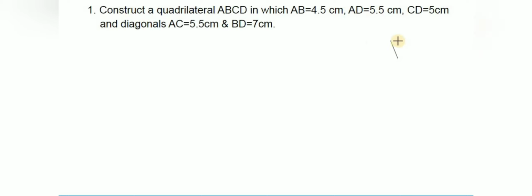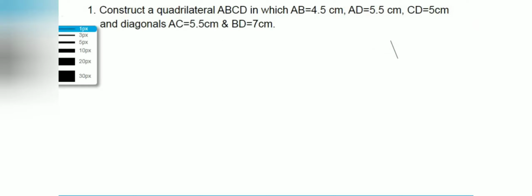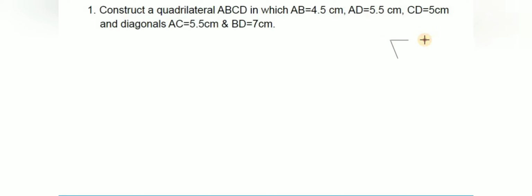First we have to construct a rough sketch for this construction of quadrilateral. Just draw a quadrilateral like this and name it. Since two diagonals are given, we can directly draw the diagonals in this quadrilateral.